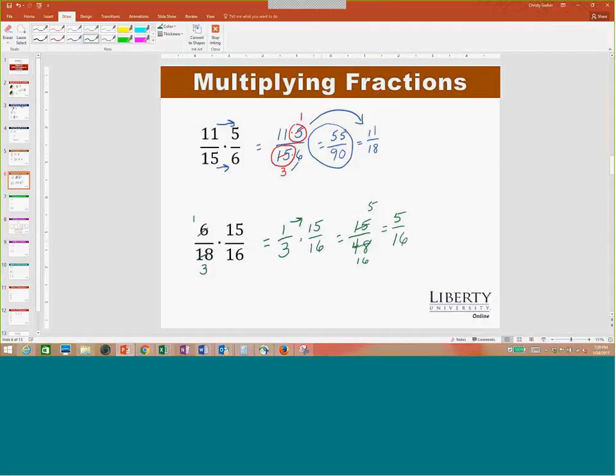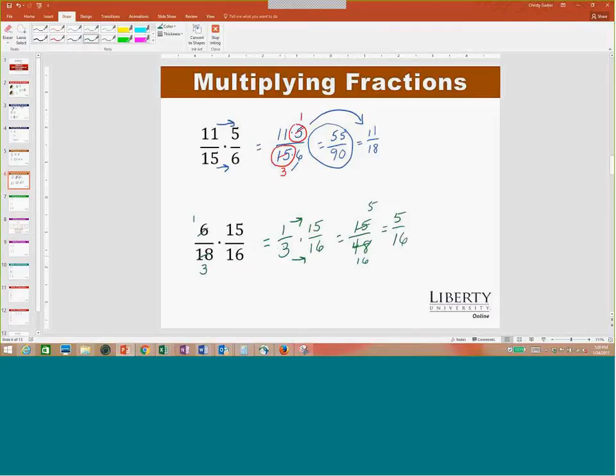So you see there's a number of different ways that we can do this. We can multiply completely across and then simplify. We can pull out what common factors we see and simplify further, or we can simplify altogether at this step.